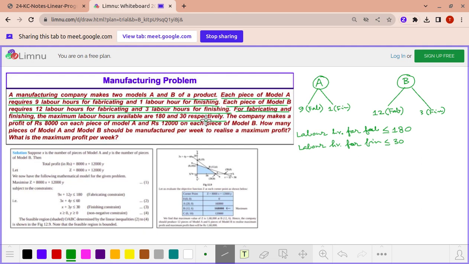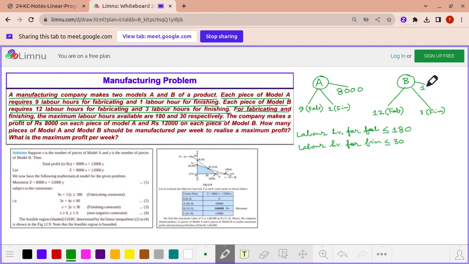The company makes a profit of rupees 8,000 on each piece of model A. So the profit here is 8,000 per piece of model A, and for model B it is actually 12,000.